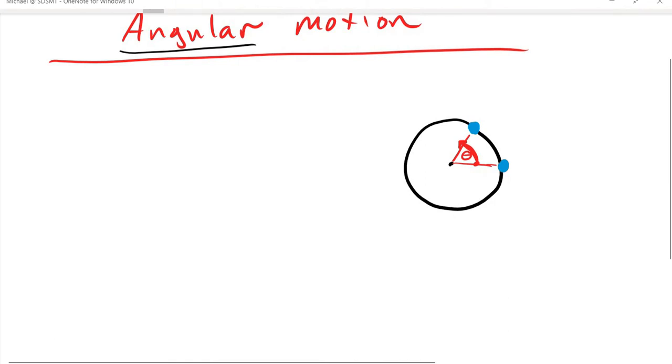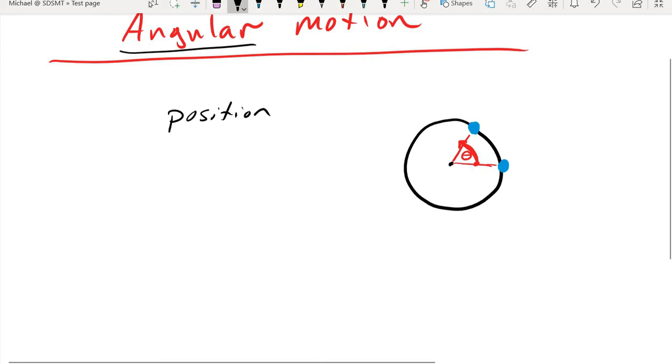So for angular motion, starting back in chapter 2, the first thing that we're going to have to do is update our definitions for physics. And the definitions that we had back in chapter 2 were position, displacement, velocity, and acceleration.